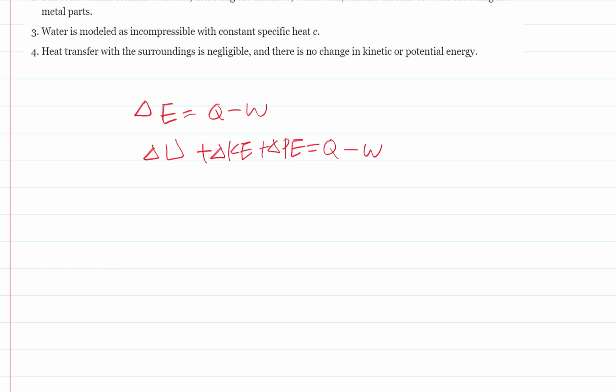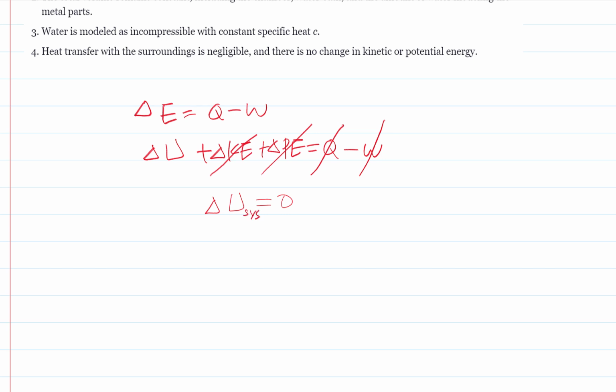Since the system is stationary, there is no kinetic or potential energy change. The system is well insulated, so there is no heat transfer out of the system boundaries. There is no work involved. So the total internal energy change is 0.